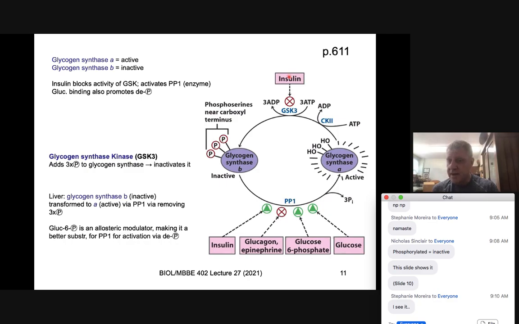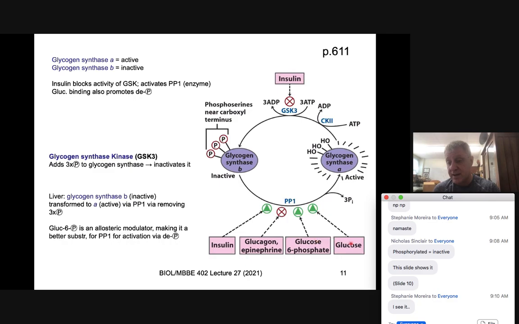So the vice versa has to also be correct when we want to see the movement of the inactivated form going to the active form by utilizing, again, insulin, which is having a positive effect, glucose 6-phosphate, because that's going to be a substrate, having a positive effect, as well as its final intermediate or final constituent in glucose also having a positive effect in regards to moving the glycogen synthase through to becoming active to allow us to produce glycogen, because it has the substrate.